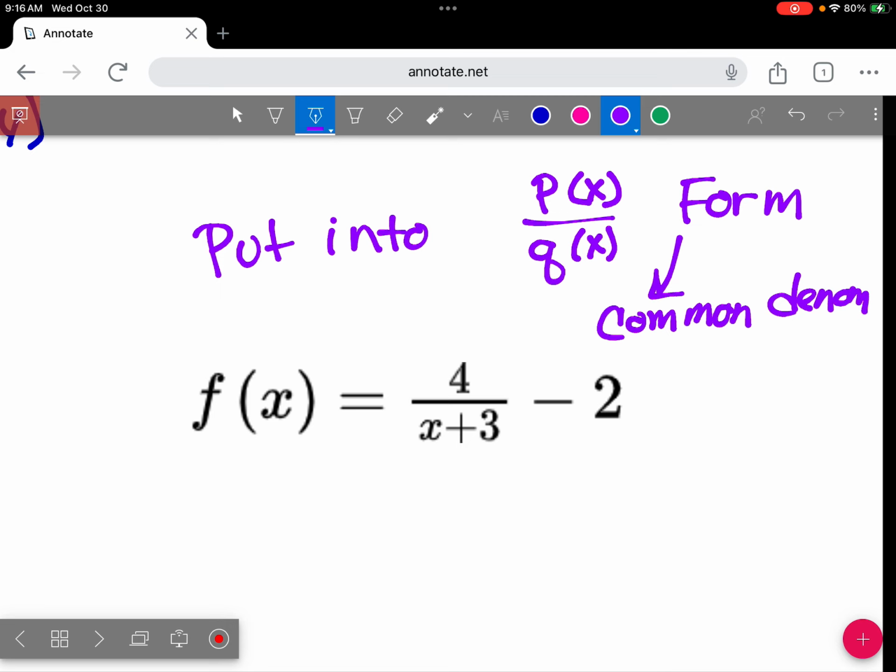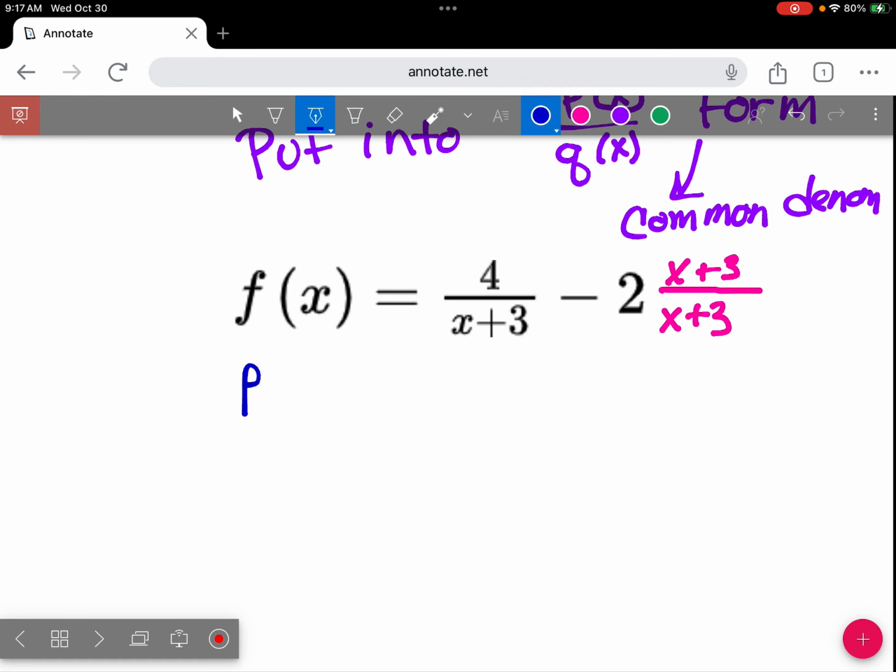Common denominator. So what do I need to multiply this 2 by to make it have a common denominator? X plus 3 over x plus 3. That's going to give us our common denominator.